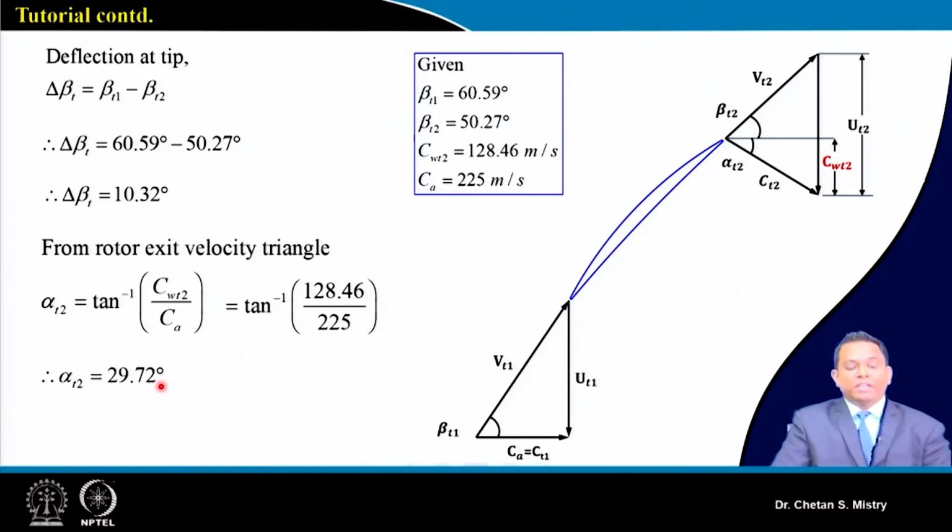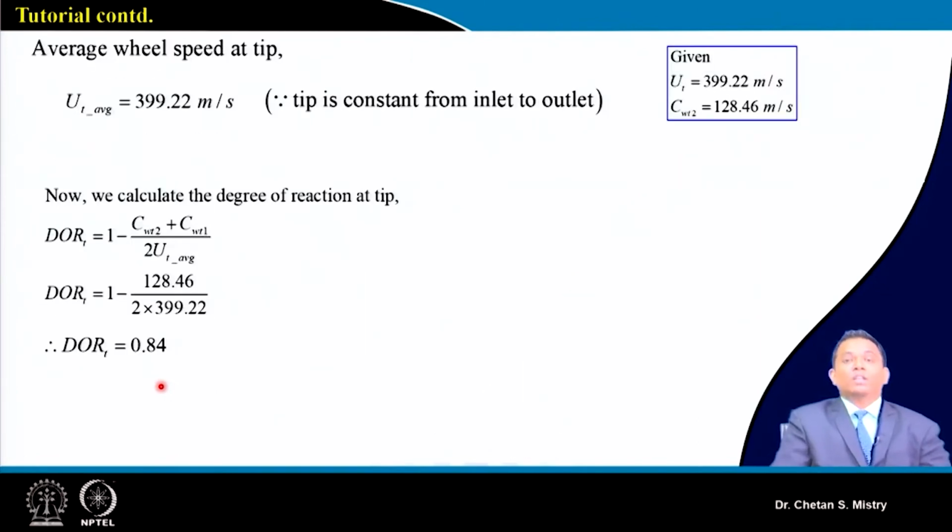Here from the exit velocity triangle we can do our calculation for alpha 2. This alpha 2 will be helpful for us in order to do the calculation for the stator. Now based on all this calculation we are looking for the degree of reaction at the tip station.